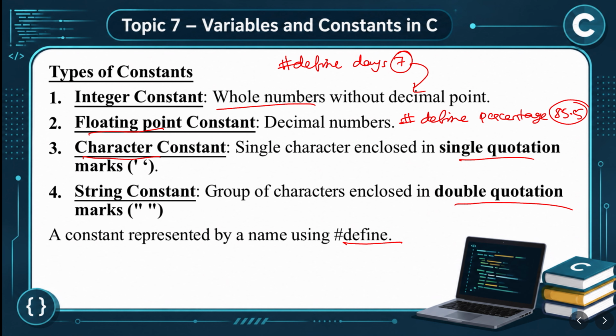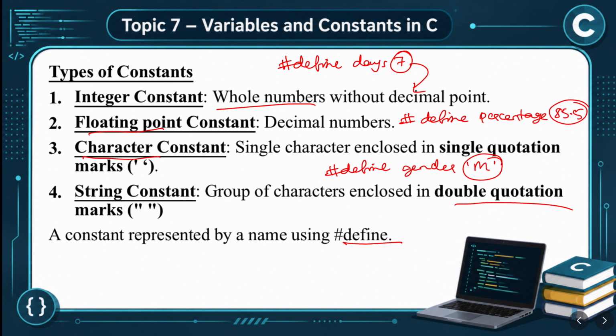So here 85.5 is your floating point constant. For a character constant, you can say hashtag define gender, in single quote m.